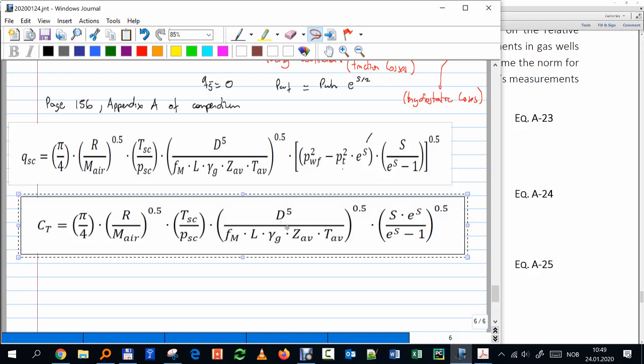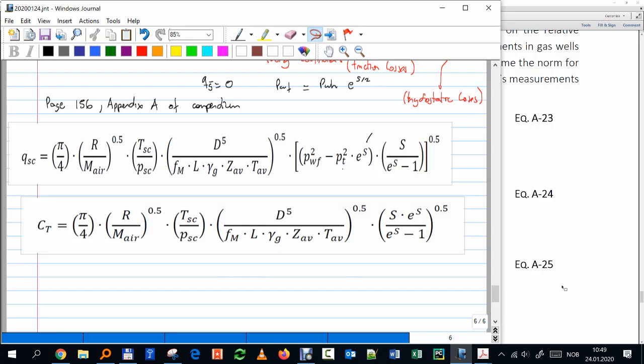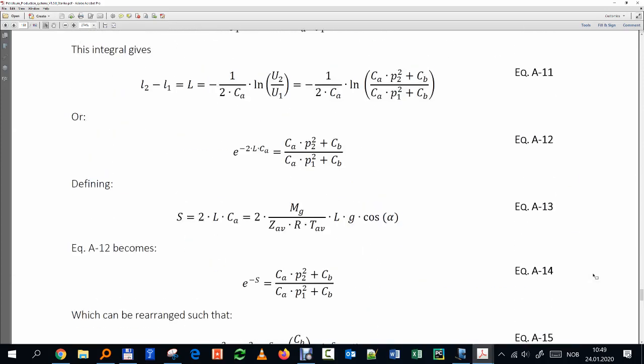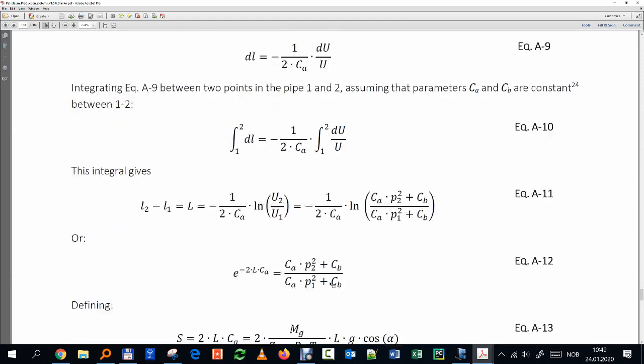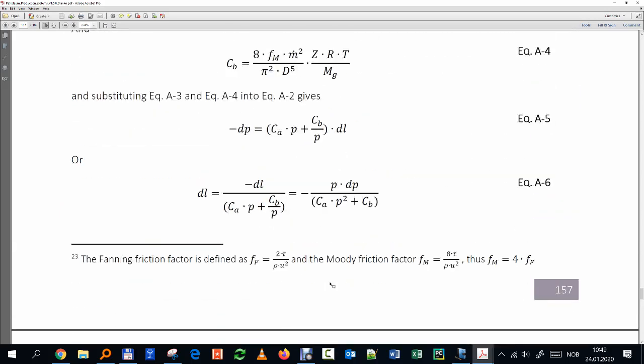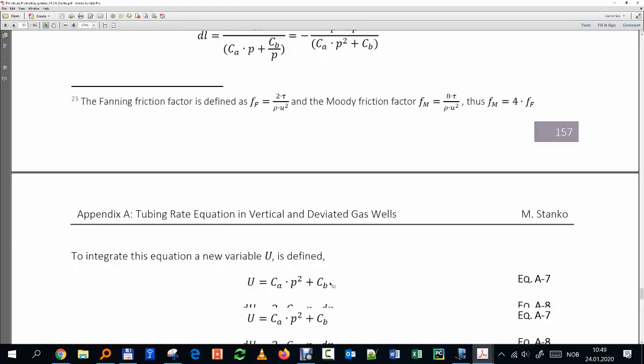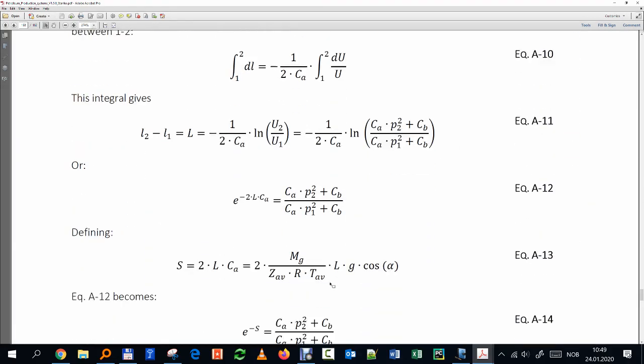You have the diameter of the tubing, the length of the tubing, and some properties. And then the S is, where is the S?